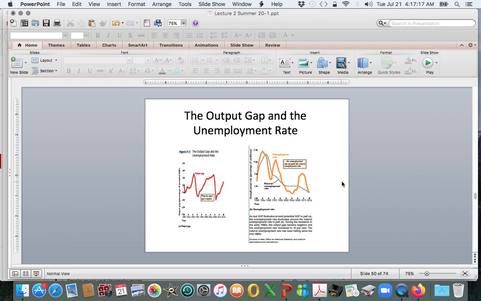So let's go back and see a much more recent version of what the output gap and unemployment rate look like. And we can see here on the right in figure B the difference between the unemployment rate and the natural unemployment rate.